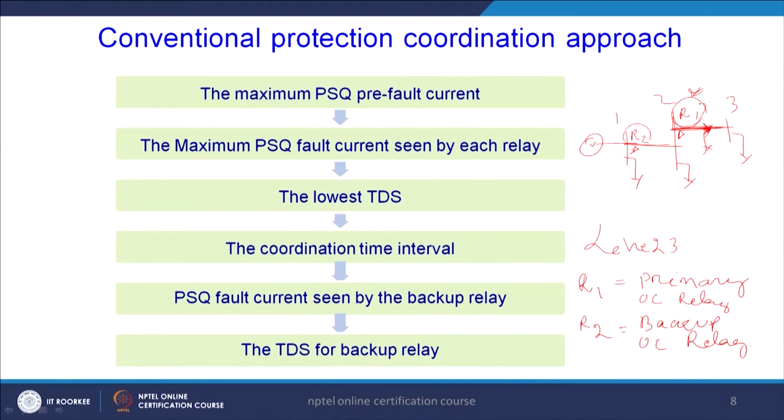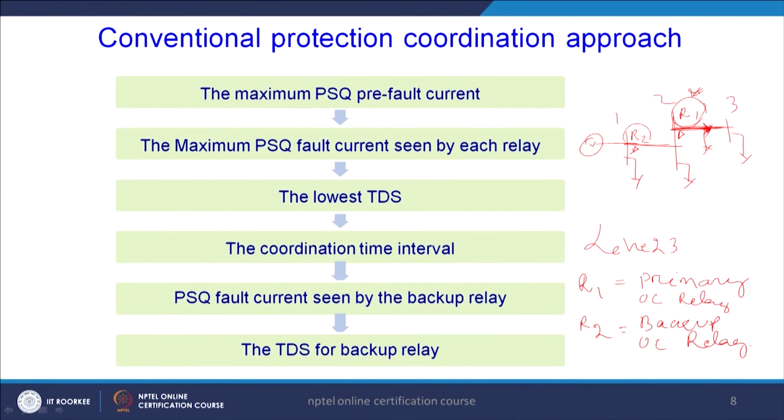This PS and TMS are fixed. Depending on their plug setting and TMS, this relay will sense some fault current IF, and based on the calculation of the IDMT characteristic equation, it will calculate the time of operation required to trip the relay.